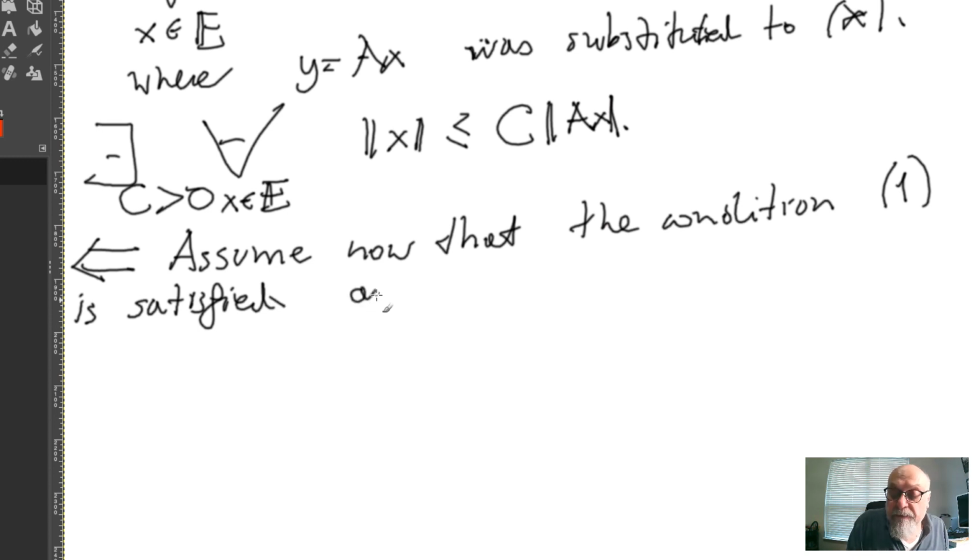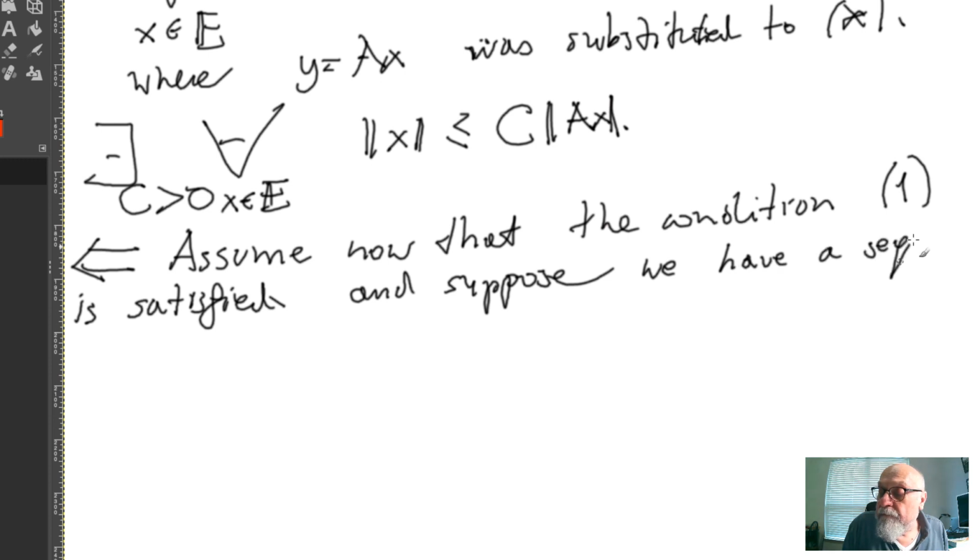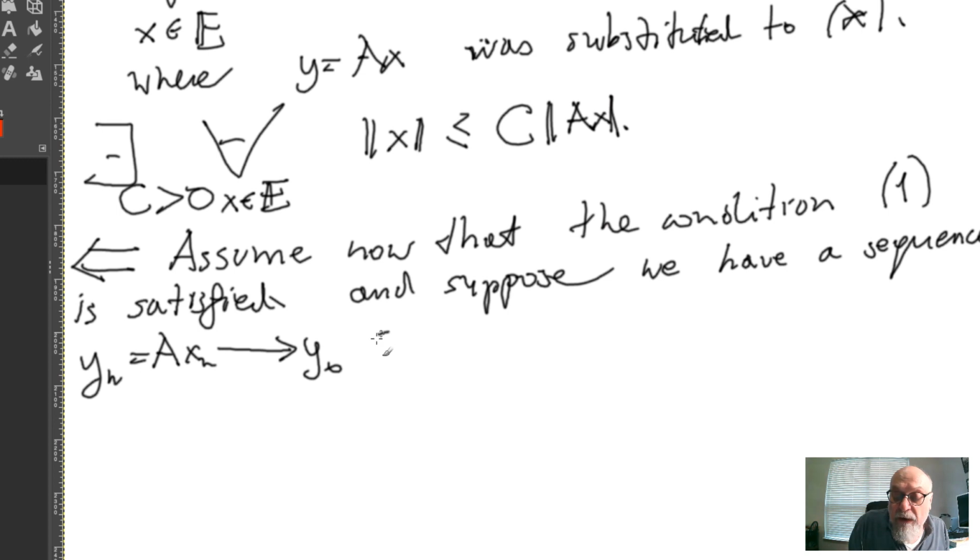And suppose we have a sequence y_n equal to A of x_n, such that the sequence converges to a certain y_0 as n goes to infinity.